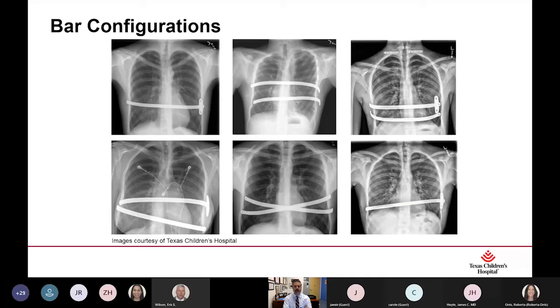So sometimes you need two bars, sometimes you'll add stabilizers, sometimes angled bars are appropriate, and I'll talk about that in a minute. And sometimes an X configuration is appropriate and provides automatic stability because the bars will sit against each other, and because there are flat surfaces, they'd rather sit against each other than turn in any way.